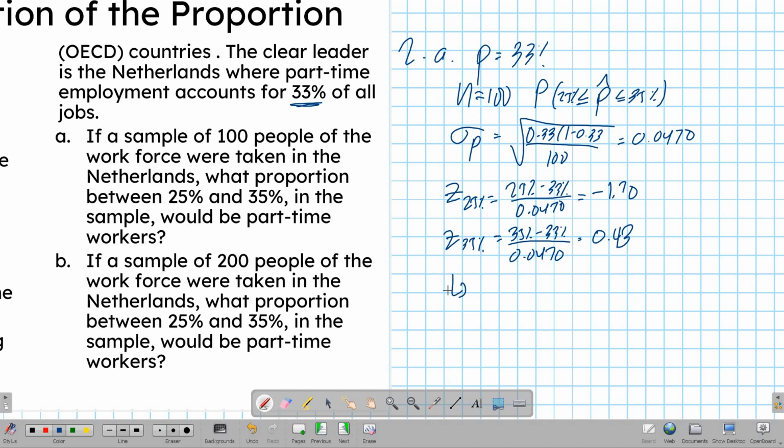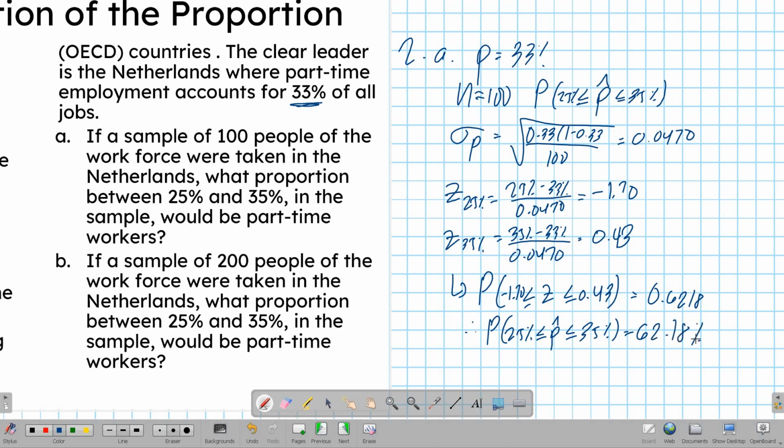Therefore, what we're computing is the same as finding the z-score in between negative 1.70 and 0.43. Computing for this, we get a value of 0.6218, which means that the probability that the sample proportion is between 25% to 35% is actually 62.18%.